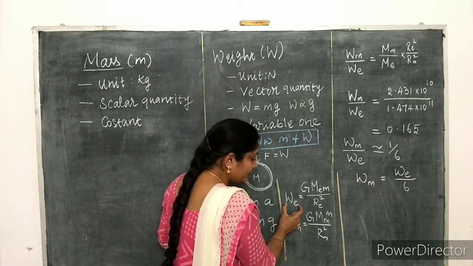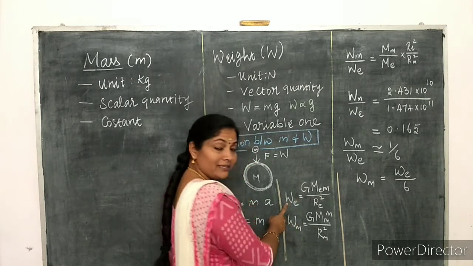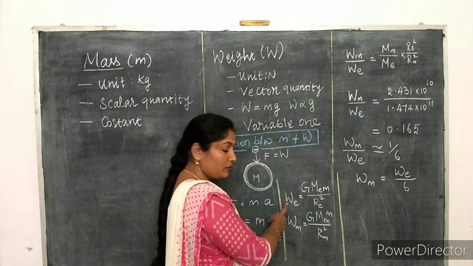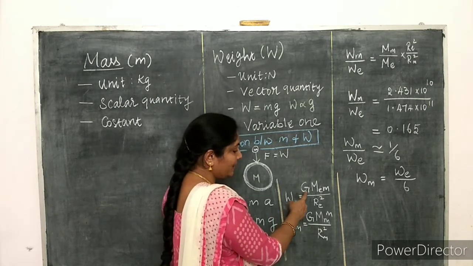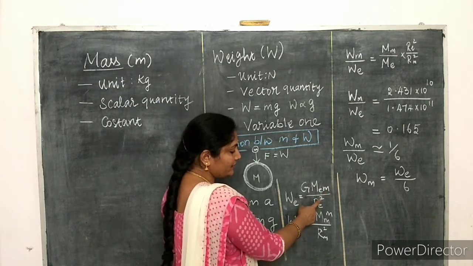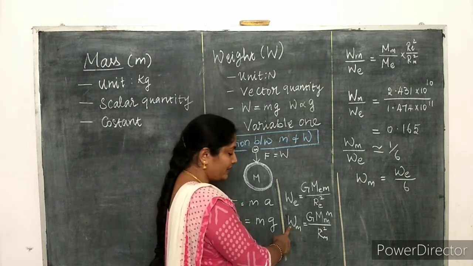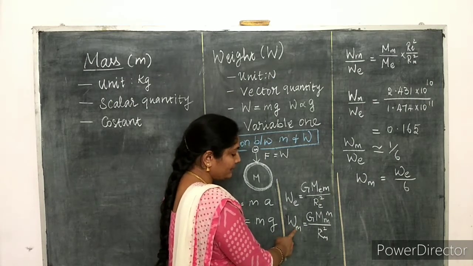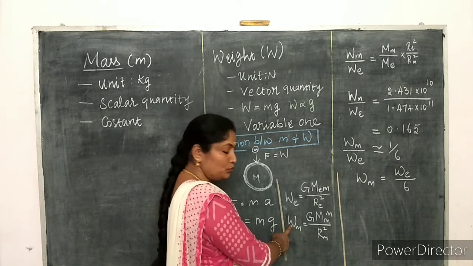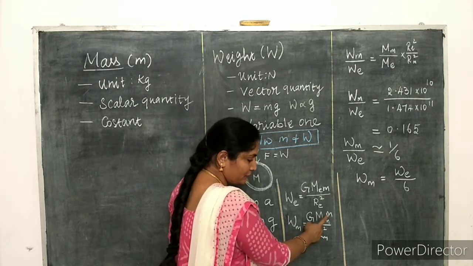So when we consider the earth, the weight of the object on earth is nothing but the gravitational force acting on the object, equal to G into mass of the earth, mass of the object, by radius of the earth square. Similarly, if we consider the moon, Wm, that is the weight of the object on the moon, is equal to G into mass of the moon into mass of the object.